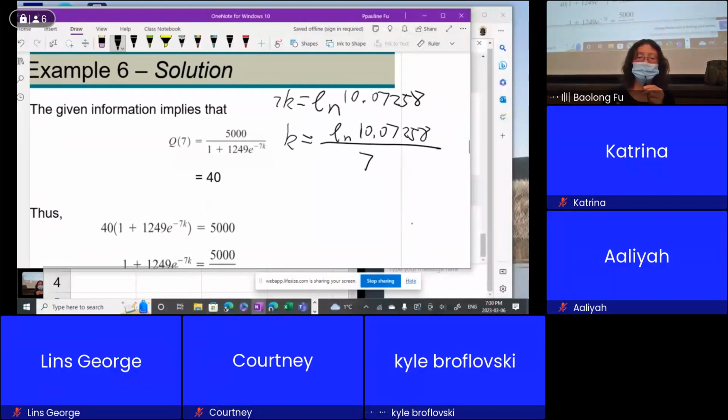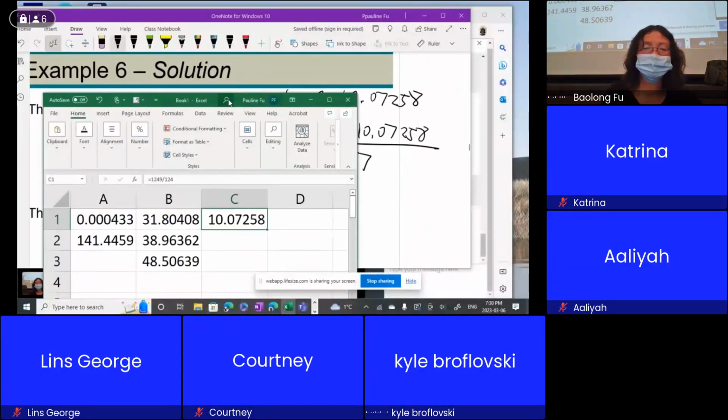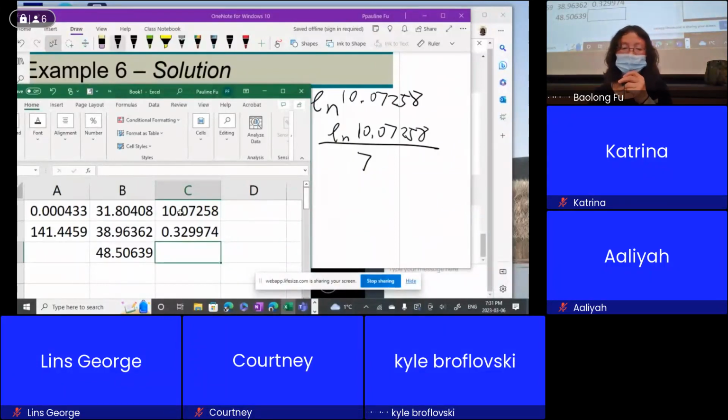So now I need to use Excel to figure out this number. I take ln of this number divided by 7, and I get k equal to 0.3299.